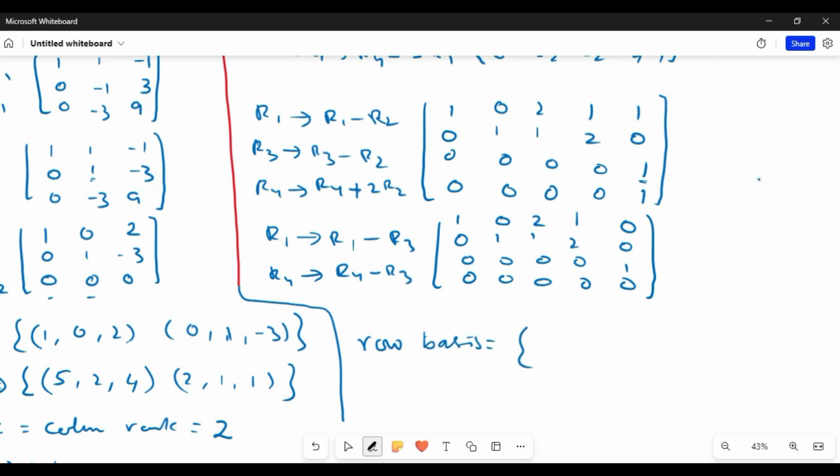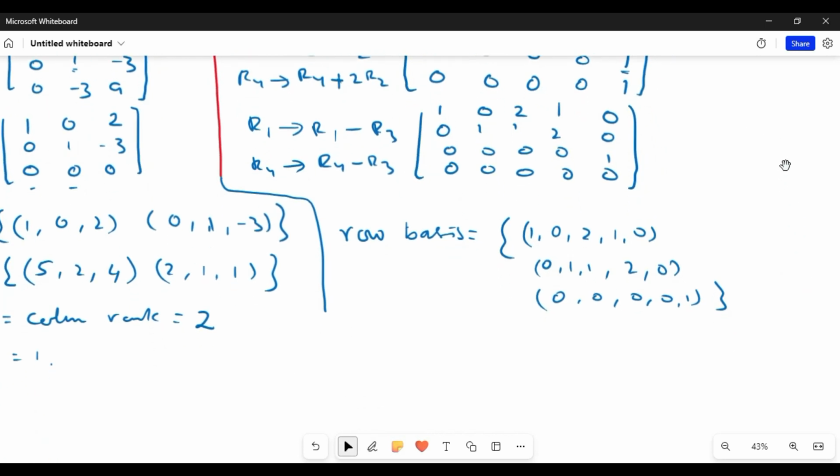There are 3 non-zero rows, all from R power 5. 1 0 2 1 0 is the first vector, 0 1 1 2 0 the second vector, and 0 0 0 0 1 the third vector. So there will be a subspace in R power 5 which is spanned by these 3 vectors. This will be the row rank. Row rank will be 3. Now column basis.